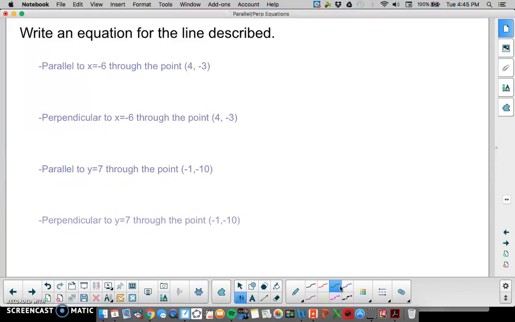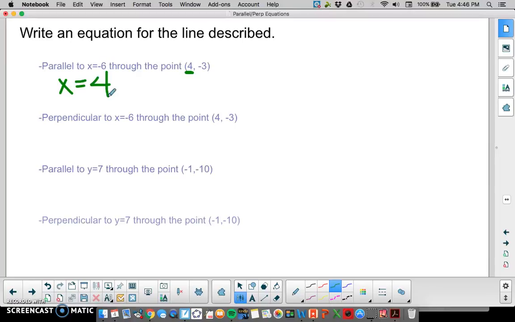We also know vertical lines' equations are x equals the x-intercept, or x equals the same value that the point needs to go through. Well, this point has an x value of 4. So x equals 4 is going to be parallel to x equals -6. It will also pass through that point (4, -3).